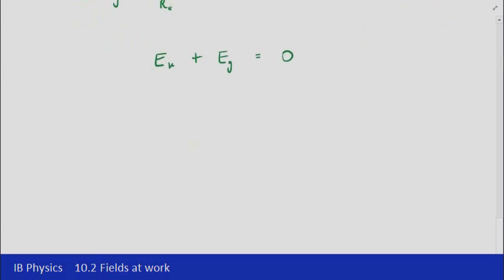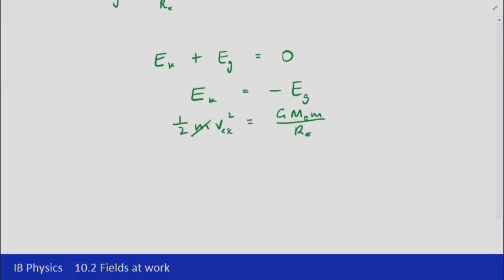So the kinetic energy that it needs at launch has to be equal to the negative of the gravitational potential energy. We can substitute in the two equations there. Half m v escape squared is equal to, now notice that the negative here is going to cancel because it's negative Eg, so we'd have mass of the Earth, mass of the probe, and radius of the Earth.